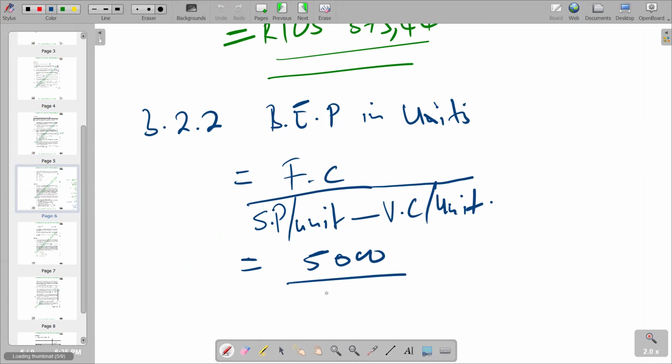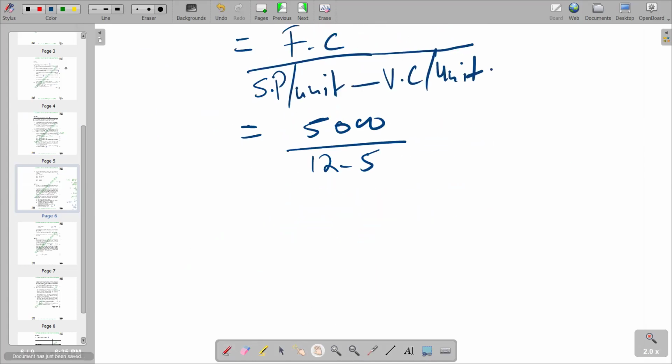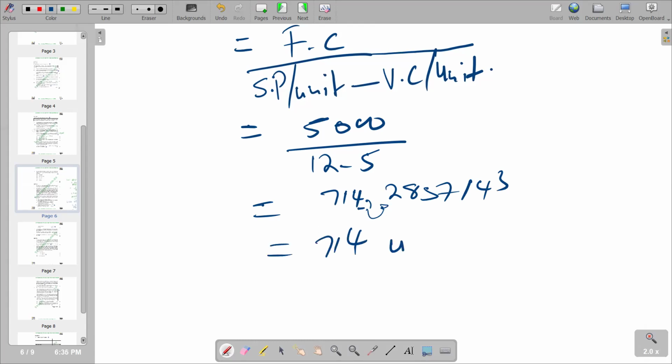We calculate it further, and the figure you are going to get is 714.2857143. Obviously, we round it to the nearest whole number. The 2 will not change our 4, so it remains as 714 units. This becomes your break-even point in units.